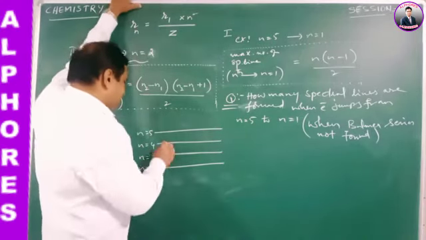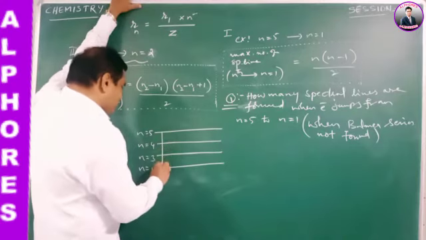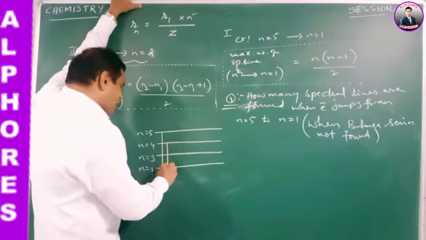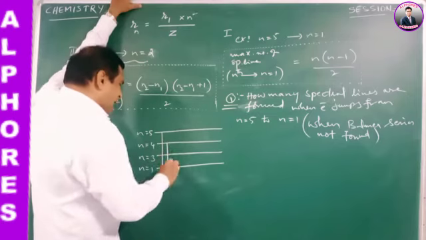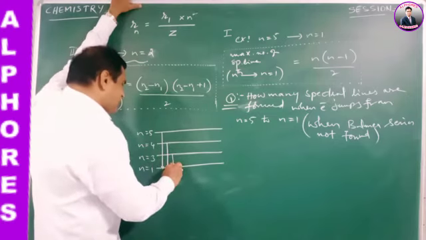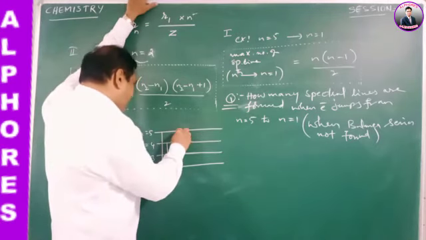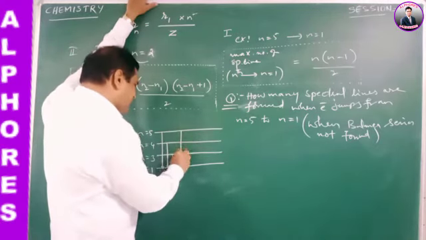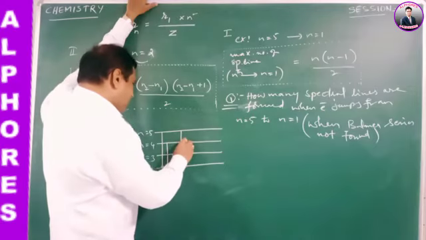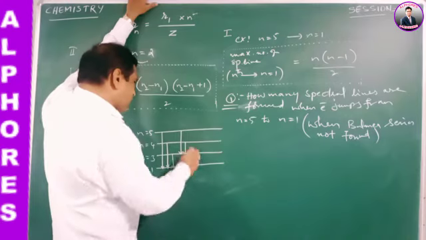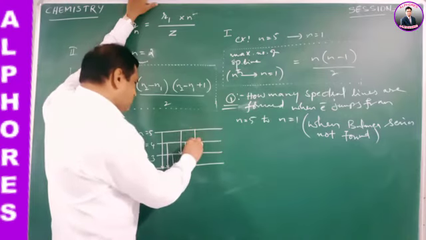Now you can check. The 5th orbit to the 1st orbit is a possible direct transition. Next, the 4th orbit to the 1st orbit is formed, and the 3rd orbit to the 1st orbit is also possible. Next, 5 to 3 is possible, 4 to 3 is also possible, and 5 to 4 is also possible.